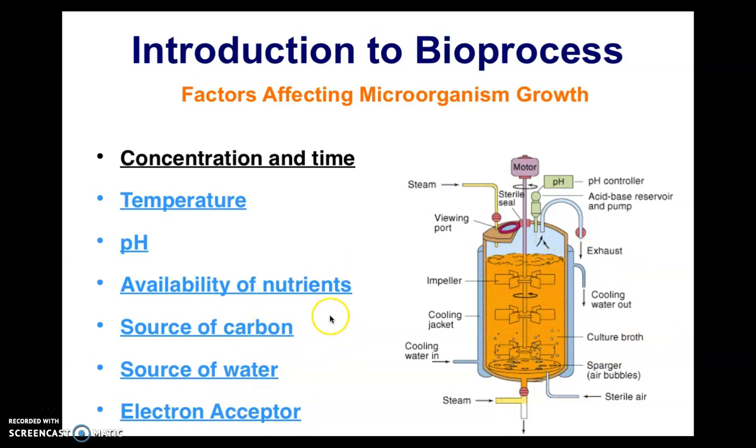These are the factors that will affect the performance of the bioreactor. You see there's steam coming in to sterilize the bioreactor. Then you have a pH controller and a cooling jacket so that the temperature will not exceed the temperature the microbe can live in, normally optimized up to 40 degrees, I think the maximum, but there are certain microbes that can resist high temperature.